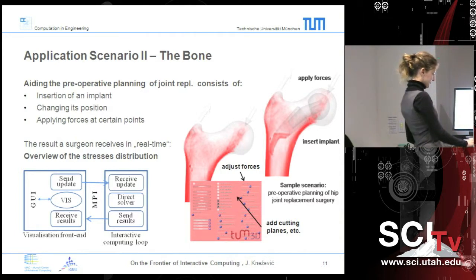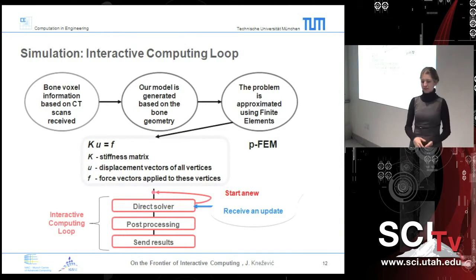And to be able to explain the challenge here, I have to describe in a bit more detail what it is like on the simulation side. So what happens there is first that the bone voxel information based on CT scan data is sent over the network to the simulation, so it's received on the simulation side. And then, of course, the model is generated and the problem is approximated here using finite elements.